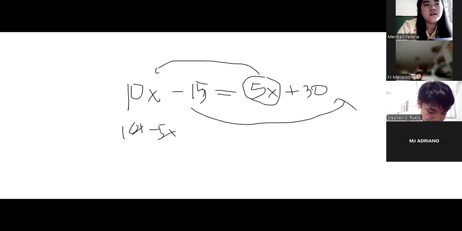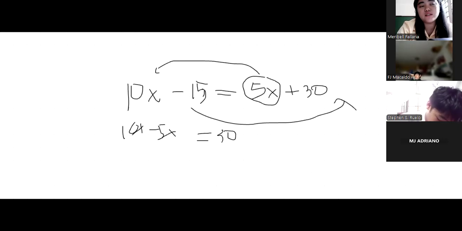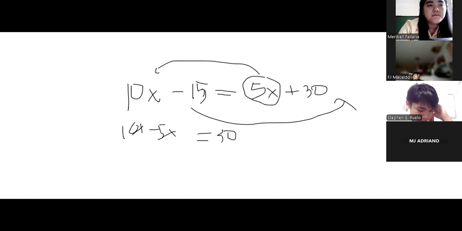And then we have 30 here on the right side. And then negative 15, we transfer to the other side, it will become plus 15. And then 10x minus 5x is equal to 5x.